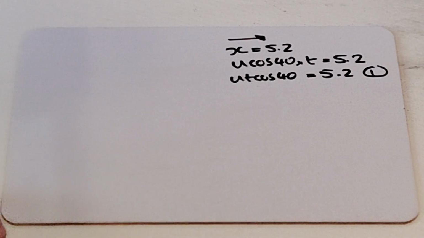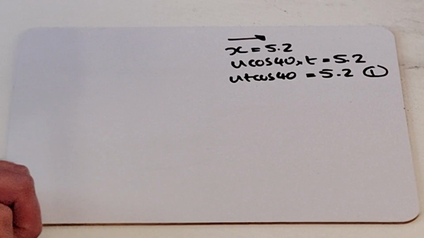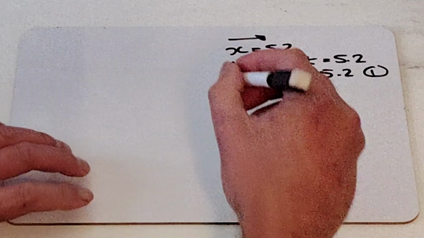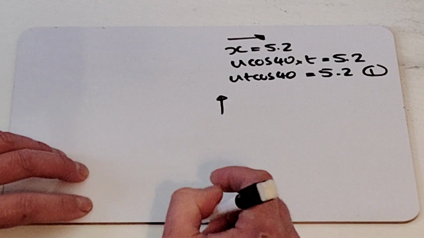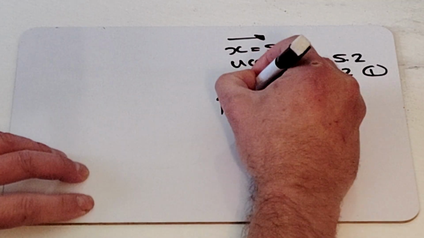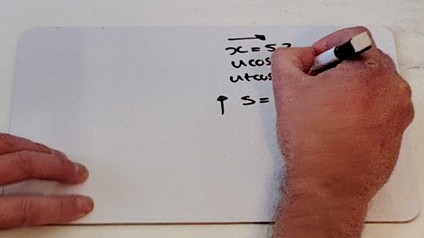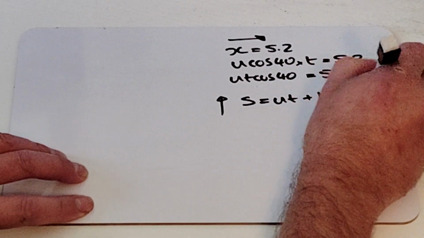And we have two unknowns. We don't know the time. We also don't know the value of u, which is what we're looking for, the launch velocity. What we can do is consider our vertical motion. This is vertical motion which is acted upon by gravity, and we're going to use the displacement relation s equals ut plus a half at squared.